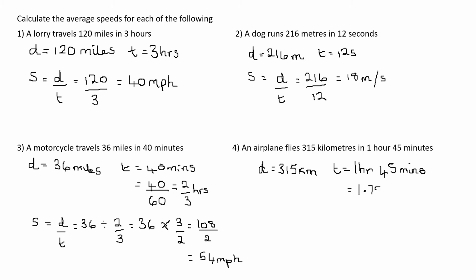And then we've also got our 1 hour. So 1 hour 45 minutes is 1.75 hours. So we can now substitute these values of d and t into our formula. So speed equals distance divided by time, which is 315 divided by 1.75, and that will give us 180 kilometres per hour.